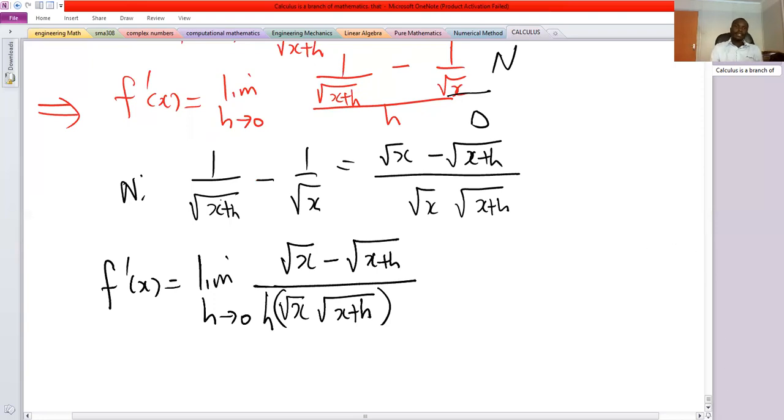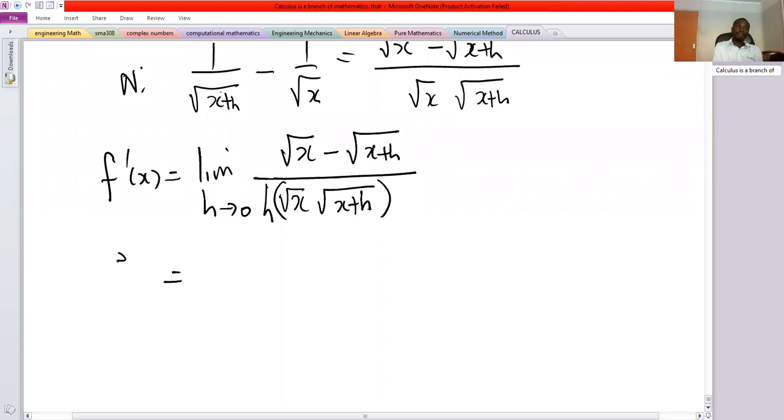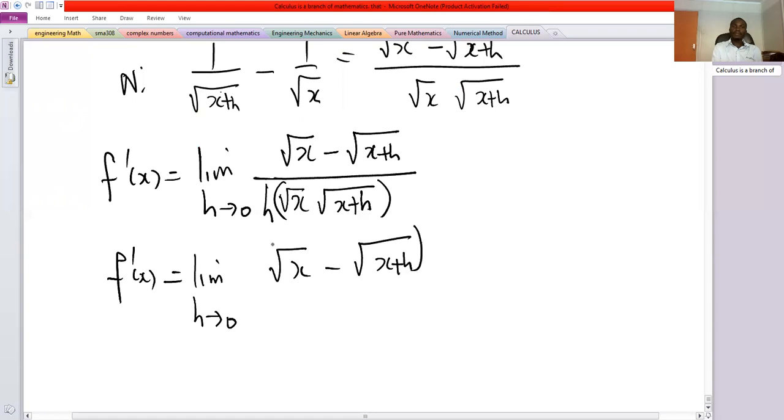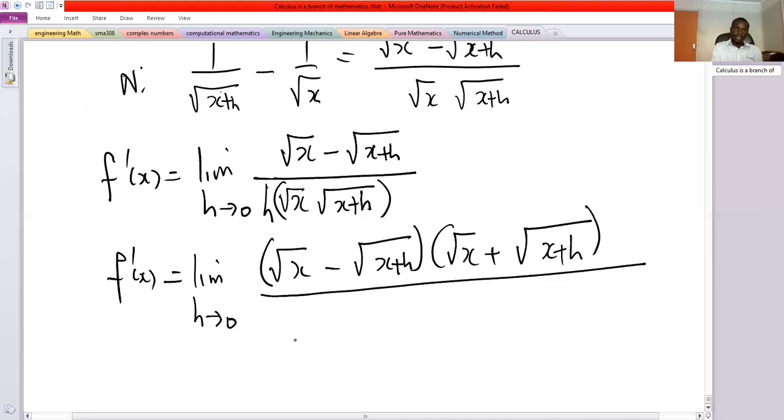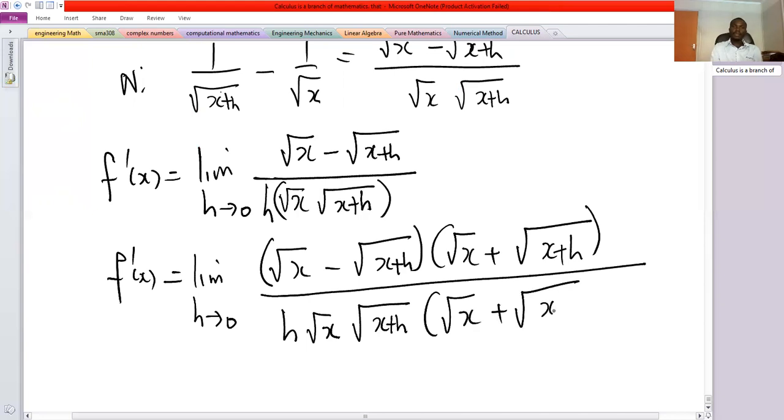Now next we rationalize the numerator. So we'll have f prime of x is the limit as h approaches 0 of root x minus root x plus h, times root x plus root x plus h, over h root x and then root x plus h into root x plus root x plus h. Remember, I'm rationalizing the numerator.